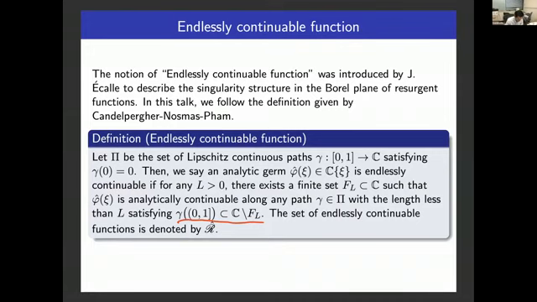So this parameter L represents the length of the path we are considering.